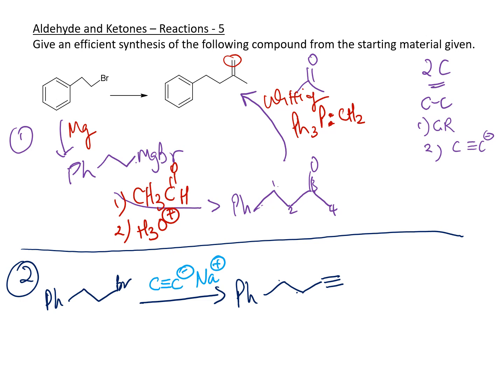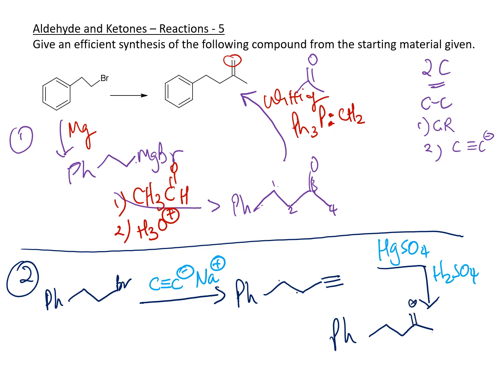That's what I have. So now from the triple bond also I can get a ketone, because all I have to do is add mercury sulfate to this one. So HgSO4 in the presence of sulfuric acid will give me the ketone. So now Ph, and then I still have the 4 carbons, 1, 2, 3, 4.